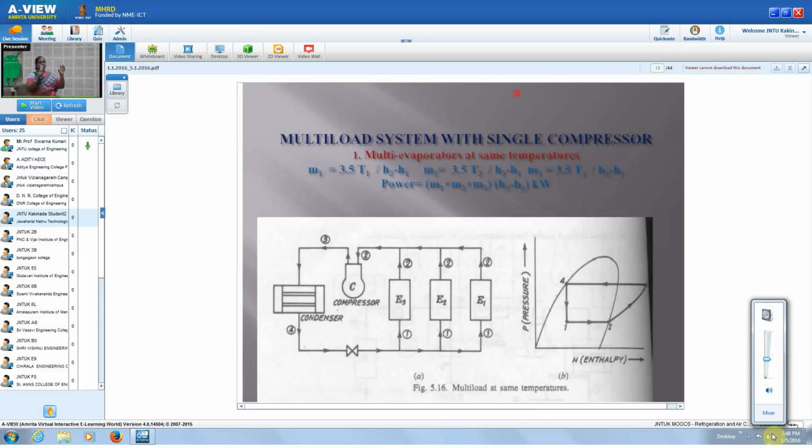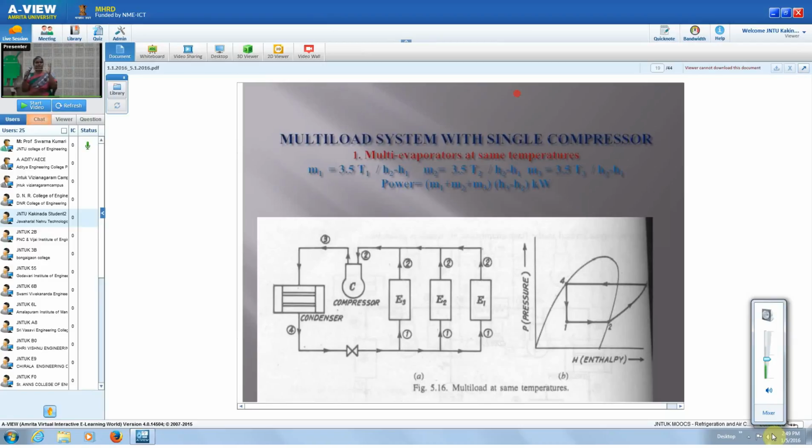But here this is a multi-load system with a single expansion valve. Let us assume these 3 evaporators are connected to 3 different chambers, where the required refrigeration is the same, some amount into this room, that room, that room.